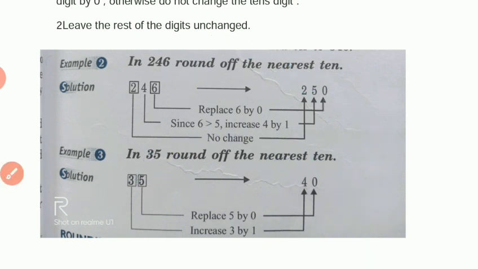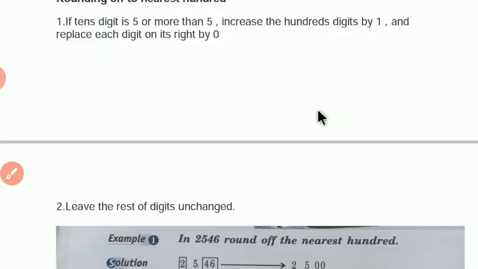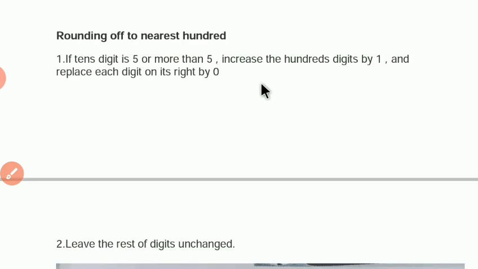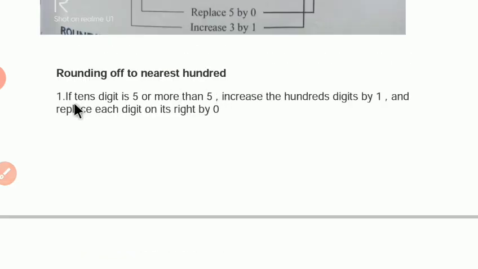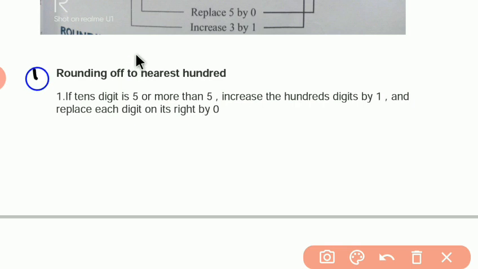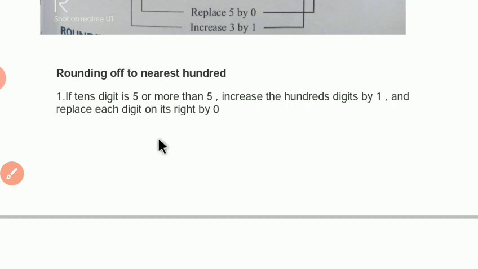Now we will see how to round off to the nearest 100 place. Here also the same rule applies. For the nearest 10 we looked at the ones digit, but for the nearest 100 we have to see the tens digit.